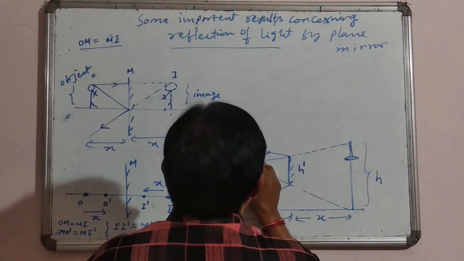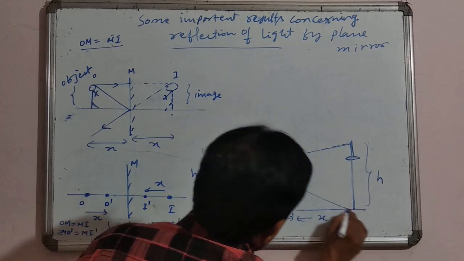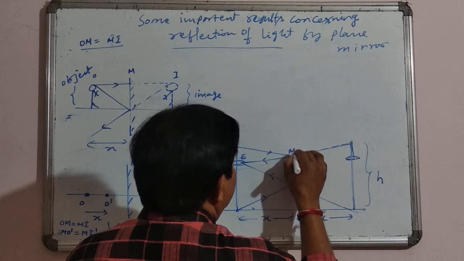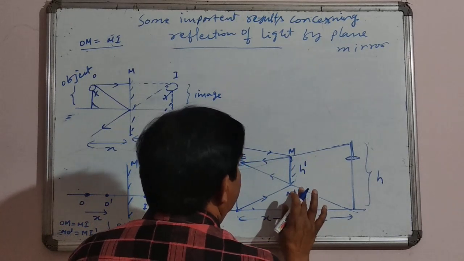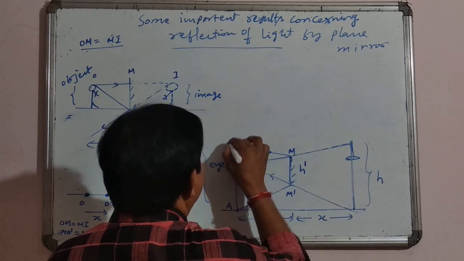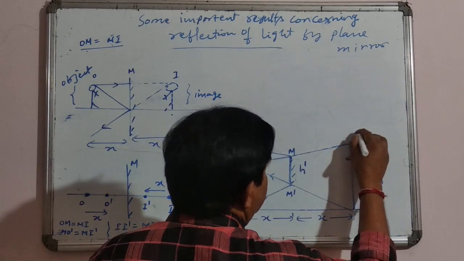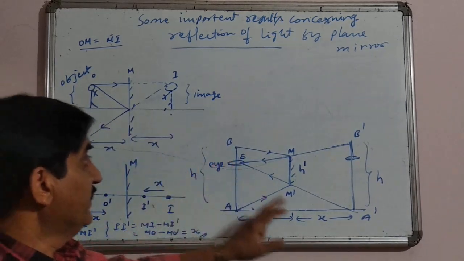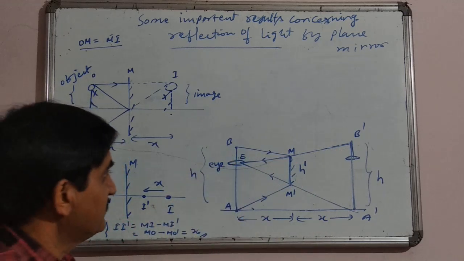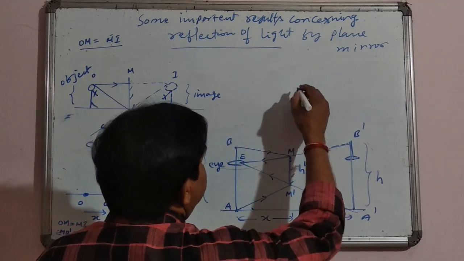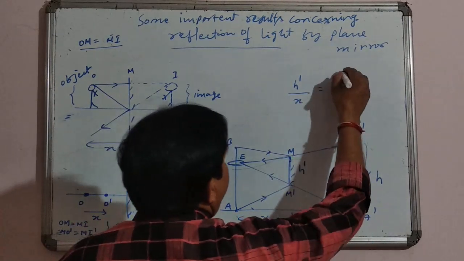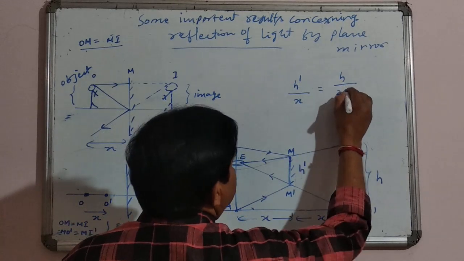Now from these similar triangles, say this is eye level E, this is the mirror M dash, this is AB, this is A dash B dash. Now A dash B dash E and M dash E are similar triangles. From these similar triangles we can write h dash by x is equal to h by 2x.